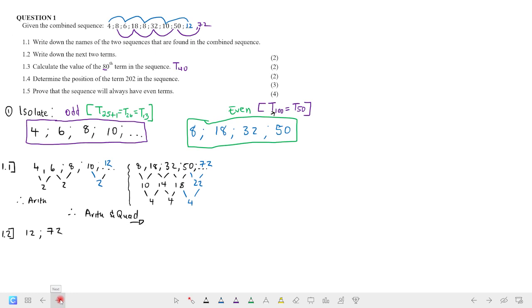Now 1.3, let's see that sequence again. There's 8, 18, 32, 50, right? We said the first difference was 10, and then this was 14, and this was 18, and then the second difference was 4, right?